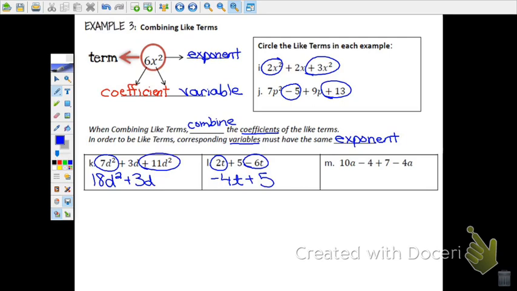And then in M, I have the 10a and the -4a, which gives me 6a. And then I also have those two constant terms to combine. -4 plus 7 is a +3. So +3 for combining like terms.